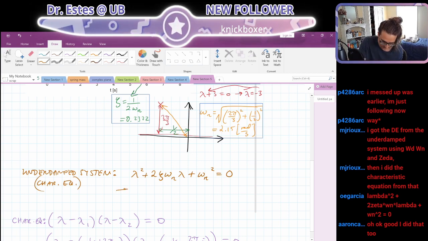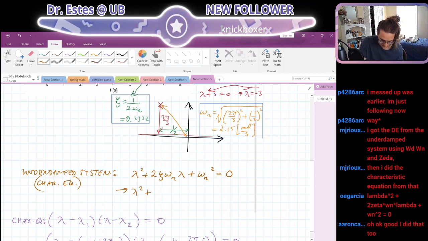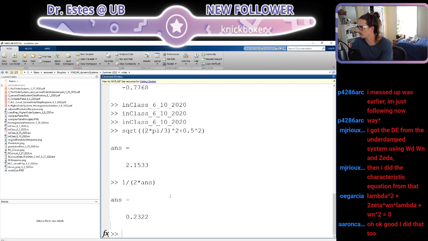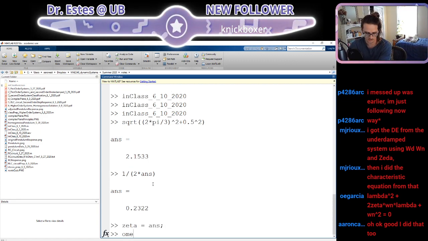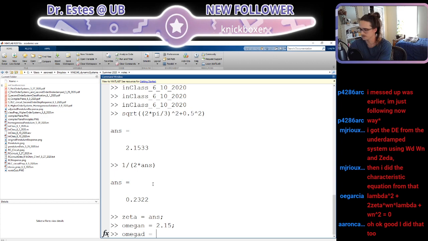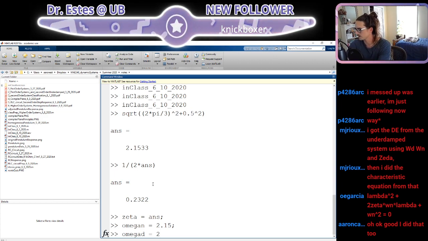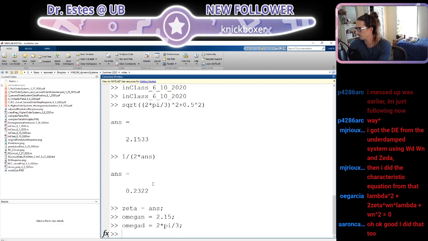How do we plug that in then? Okay. Zeta equals that answer. Omega n equals 2.15. Omega d is 2 times pi divided by... oh, wait, I don't need that.